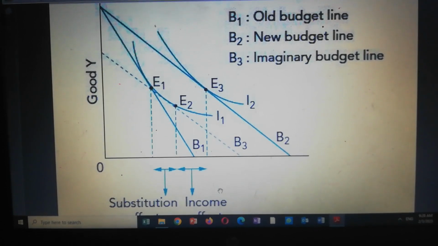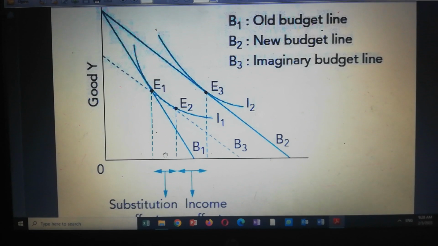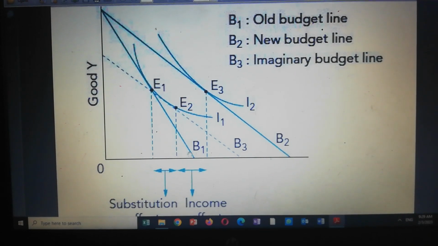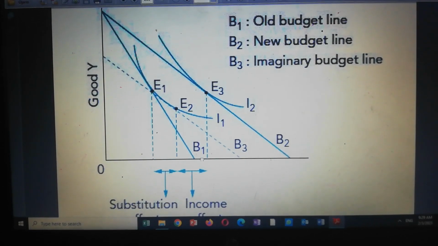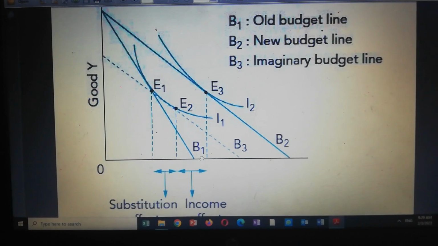So remember, what happens here is the substitution effect, where there is the movement along the same indifference curve, like just what we said last time. It's actually the substitution effect, and this movement from E2 to E3 represents our income effect, okay?